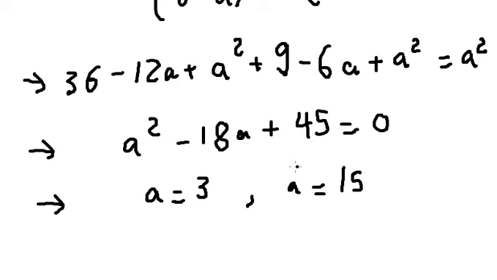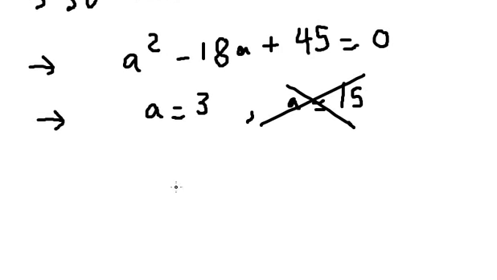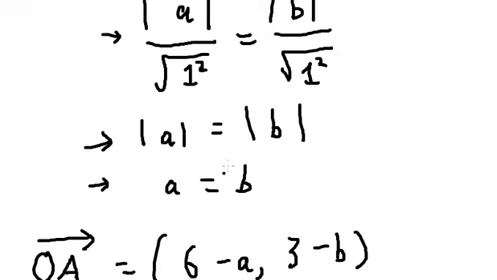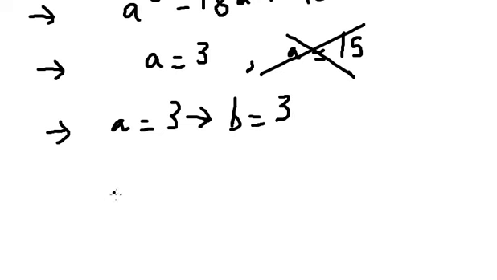So we need to recheck this one. And now we have only a equals 3. That means b equals 3. Because a equals b, the center of this one is (3, 3).